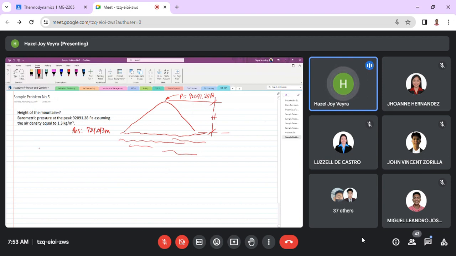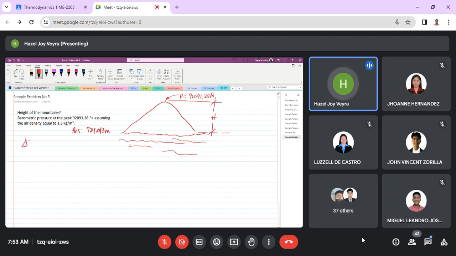In a question like this, we're given the barometric pressure at the peak, which is 92,091.28 pascals. And we're also given the density, which is equal to 1.3 kilogram per meter cube.